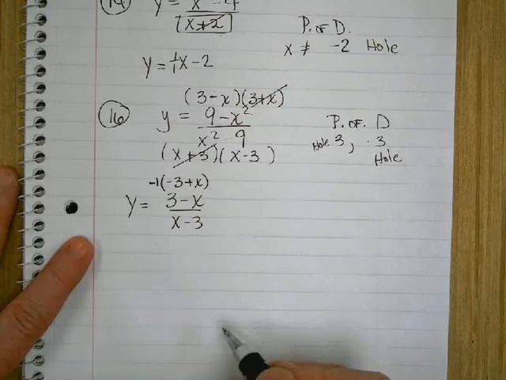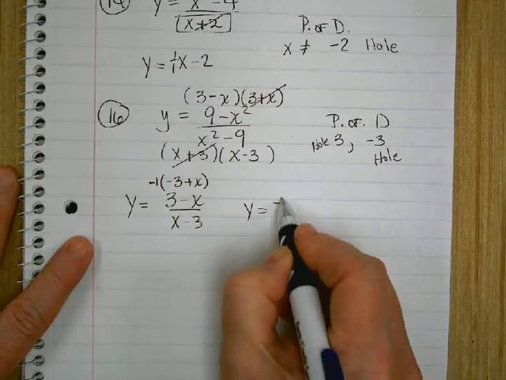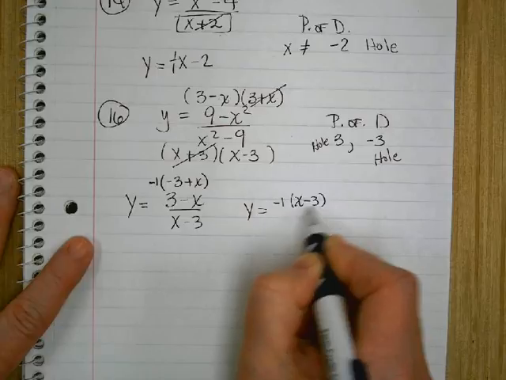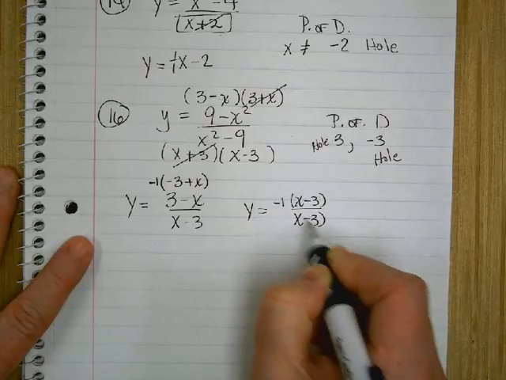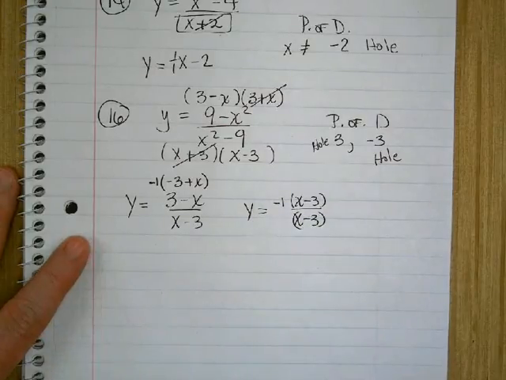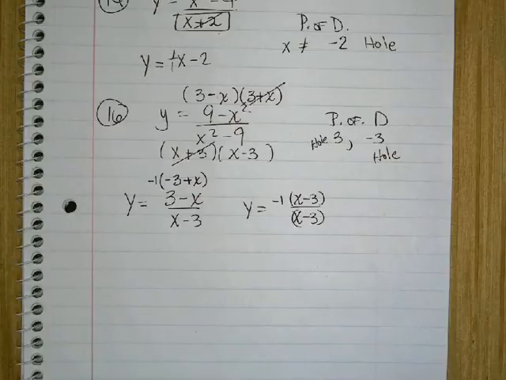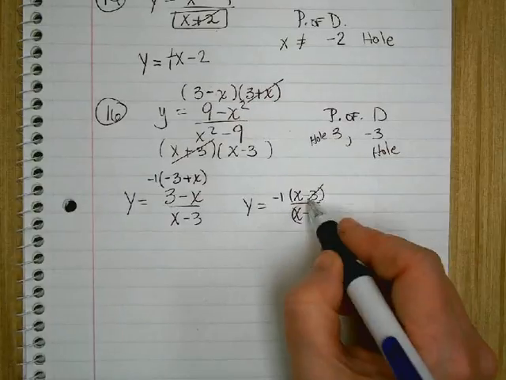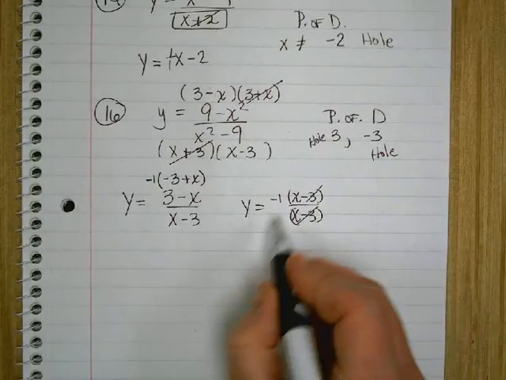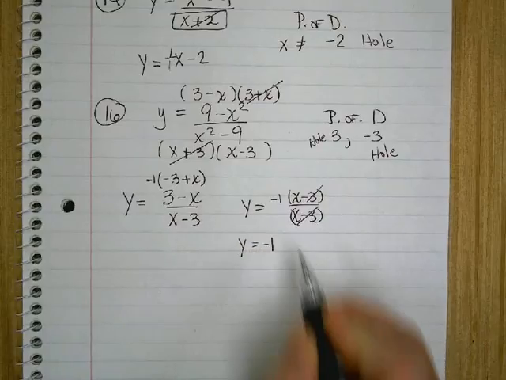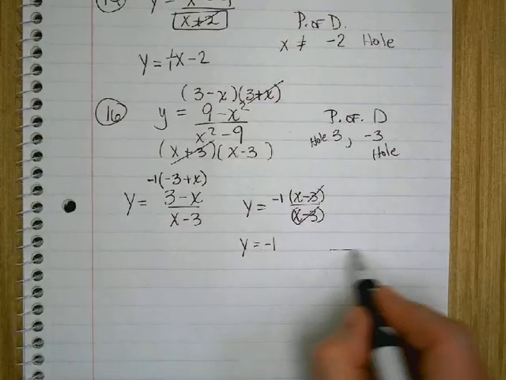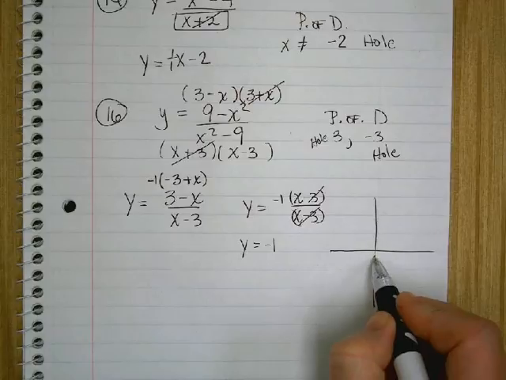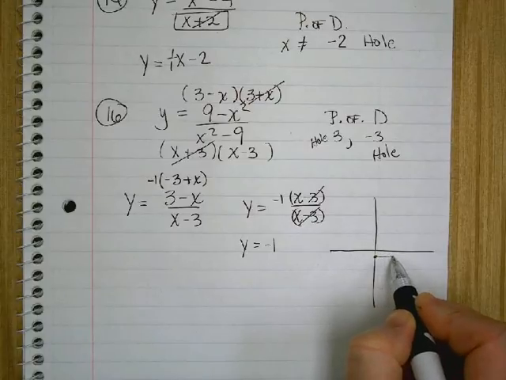And I'm going to rewrite that, so these actually cancel, and I get y equals negative 1 as my graph. And I would come over here to about 3, and I'd have a hole.